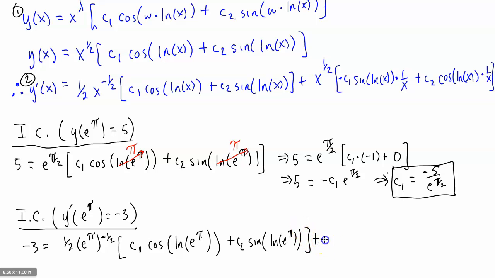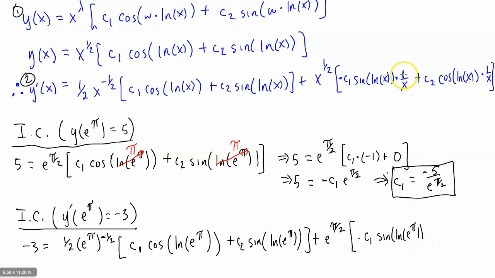plus e raised to the pi times 1/2, which is going to be e raised to the pi divided by 2, minus C1 sine of natural log of e raised to the pi.